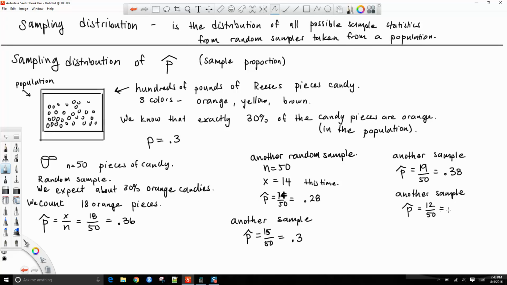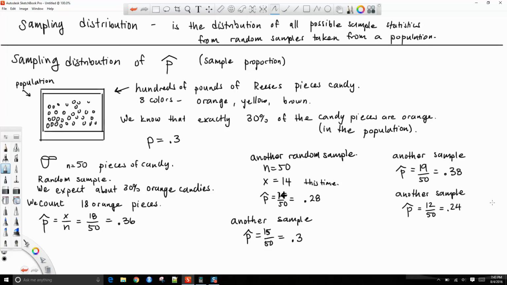What we're going to do is do this over and over and over again, and keep track of all the different p hats that we get. When we keep track of all the different p hats, we get a distribution of p hats.